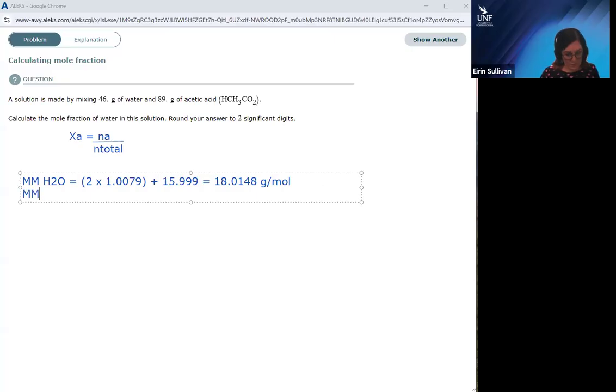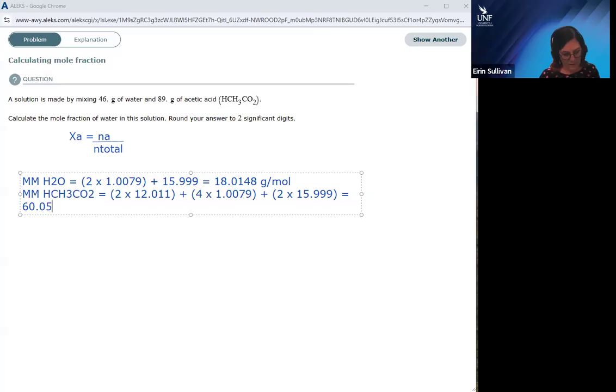My molar mass of HCH3CO2 is going to be, well, we've got 2 carbons, so 12.011, and 4 total hydrogens, 1.0079. Of course, use the ALEKS data tab. I can't see it from my end, so they may have different sig figs. And then we've got 2 oxygens, 15.999. You should get about 60.0516 grams per mole for your acetic acid.